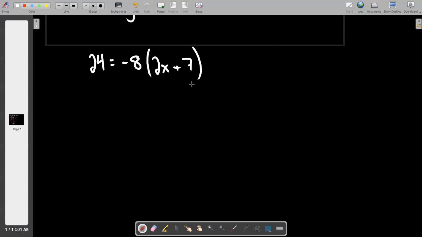we're going to copy down the left-hand side. So 24 equals, there's nothing to do there. But on the right-hand side, here we go. Don't be goofy. What's -8 times 2x? Always has been, -16x. And what happens when I take this -8 and I distribute it across to a +7?